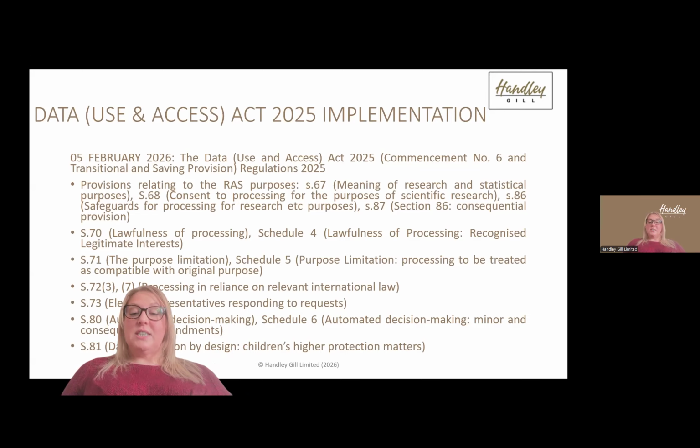Section 80 and Schedule 6 make changes to automated decision-making restrictions. Section 81 introduces a new concept called children's higher protection matters, and this reflects the new requirement on the ICO in fulfilling its functions to have regard to the special status of children. This is the concomitant obligation on controllers.